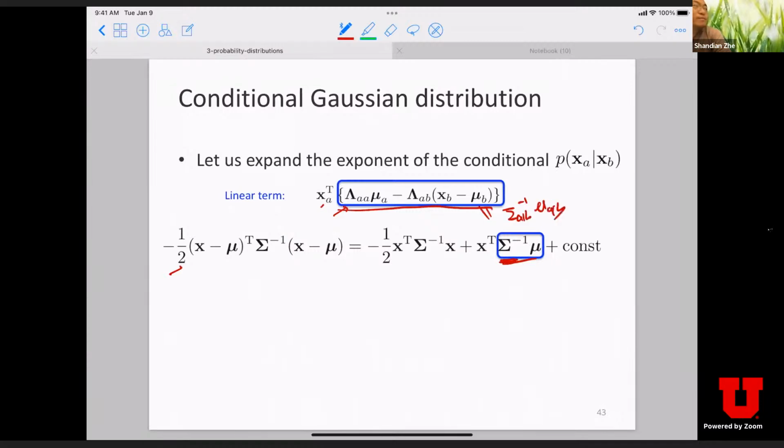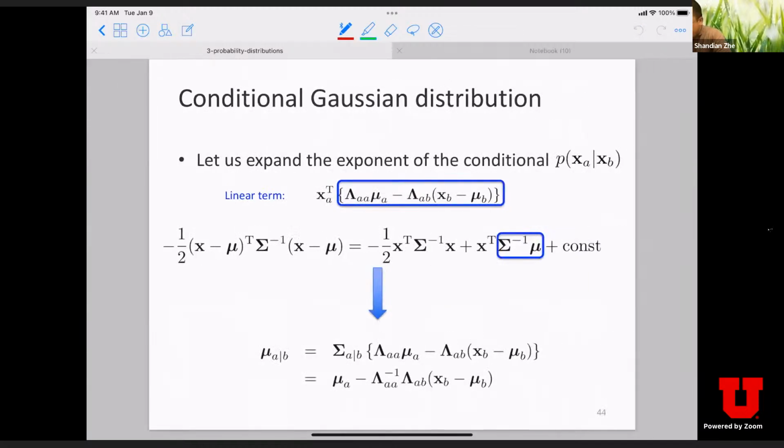And from the quadratic term, this guy corresponds to the conditional covariance. This is something we have already known: this guy is lambda AA, the block of the precision matrix. So this one is the inverse of the conditional covariance matrix.